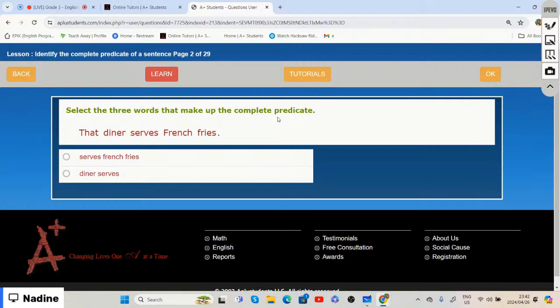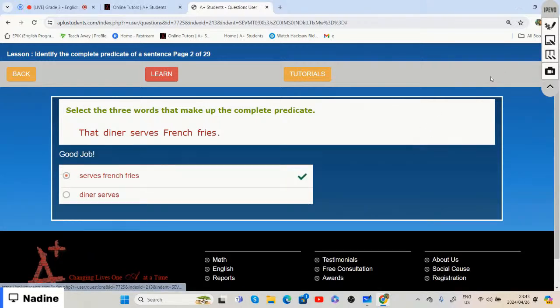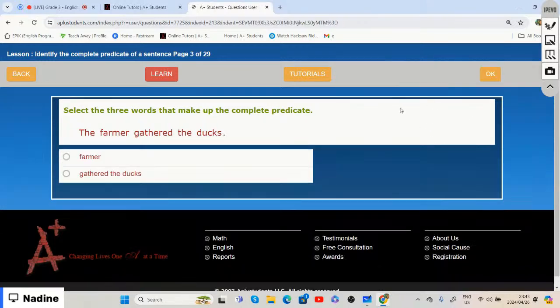Is it serves French fries or diner serves? All right, so we can say serves French fries. So well done. That is our predicate.